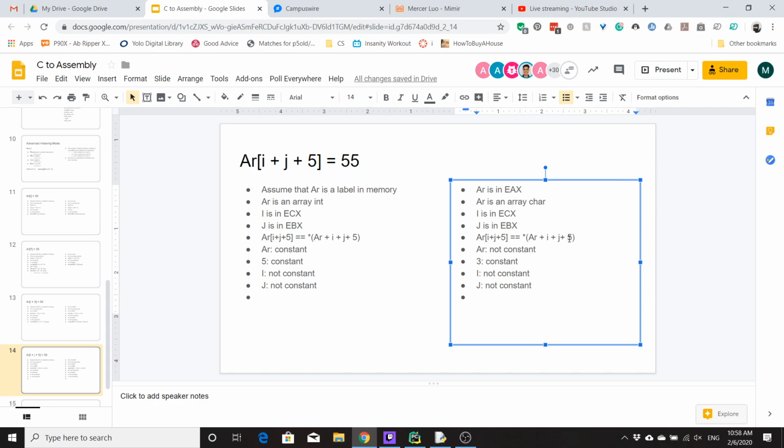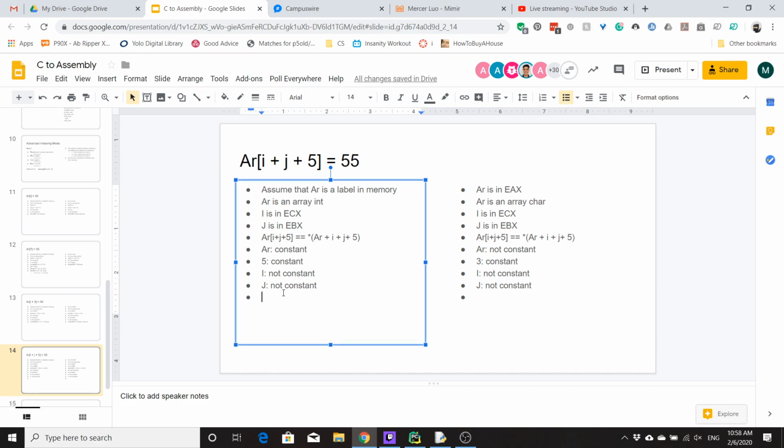Okay, any thoughts about how we can translate this? Of course, you can use as many as you feel like. So sure, how can we add I and j and put it into a new variable? How do we do that? Yeah, let's say we're going to use edx, right? It's available.